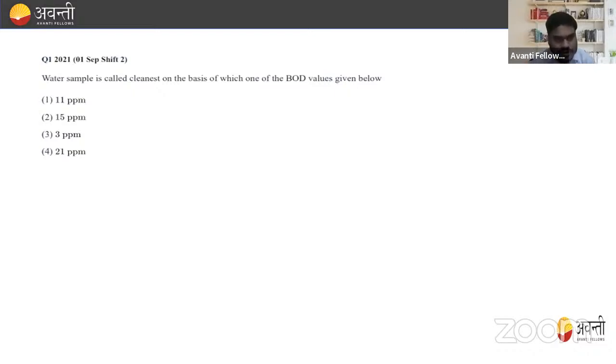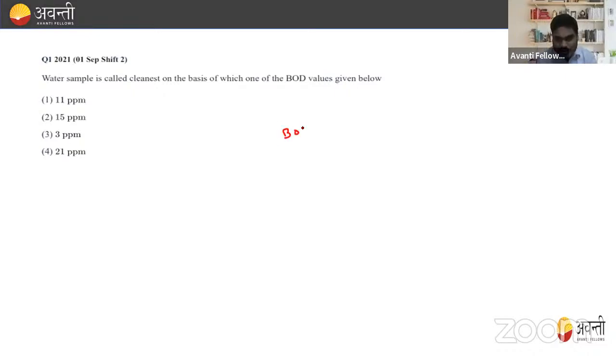I'm waiting for a response. Please try to solve this. A water sample is called cleanest on the basis of which BOD? Is the BOD value greater than 5, less than 5, more than 15? Tell me quickly. If the BOD is less than 5, then the water is clean. We know that.